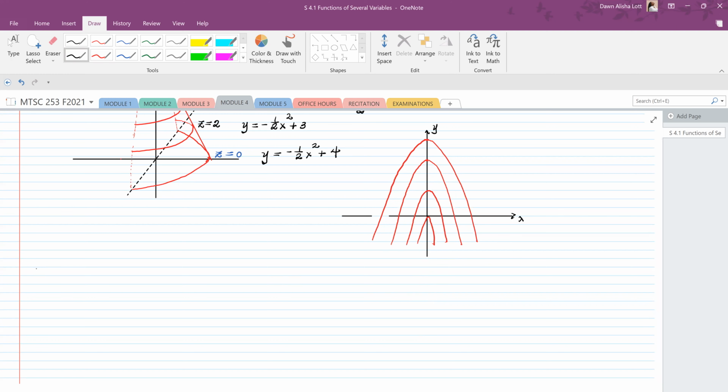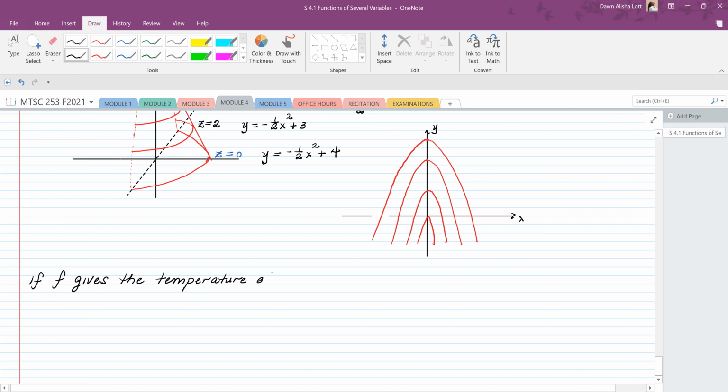Okay. If F gives the temperature at a location, then the level curves are called isotherms.